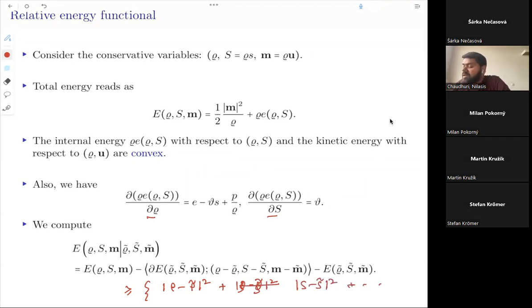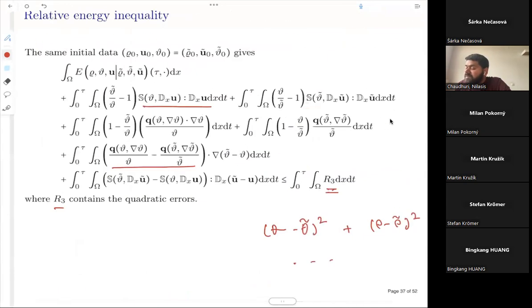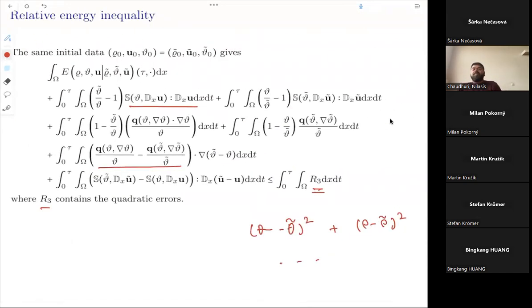It's very standard for those who work in this weak-strong uniqueness theory, but I am skipping this part because it is a very long computation.